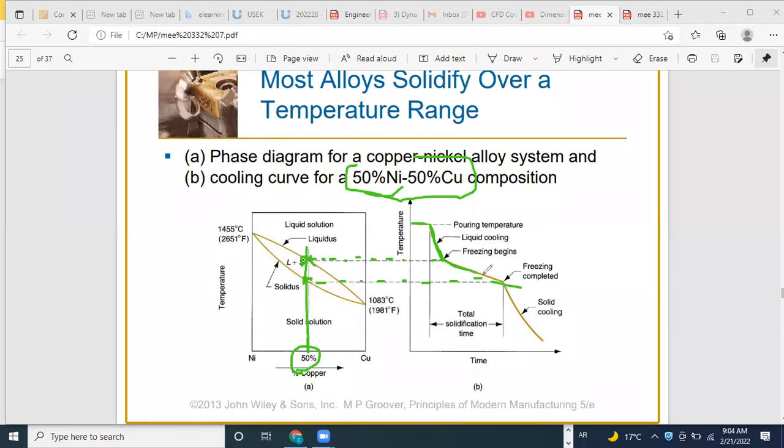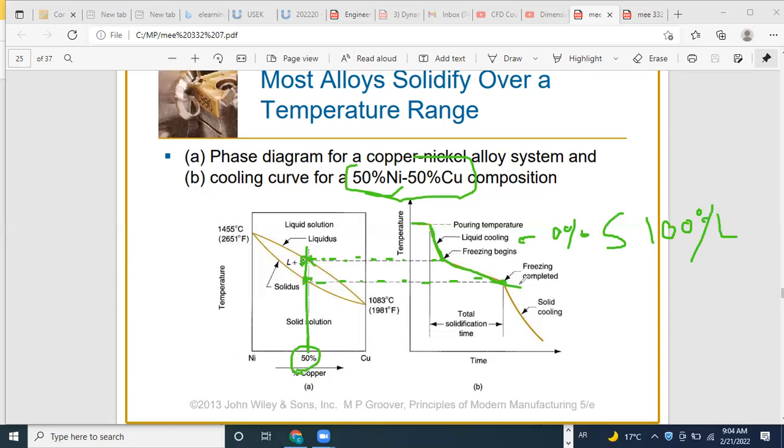It is then marked by two temperatures depending on the composition of your alloy. Here freezing will begin and here freezing will be completed. At this point, the constitution was 0% solid and 100% liquid, while at the end, when freezing is completed, you have 100% solid and 0% liquid.